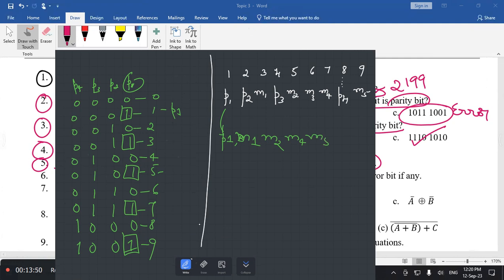M5. To get the parity bit P1, you will have to see the bits at position 1, position 3, position 5, position 7 and position 9. Now P1 is the parity bit which you need to add, right?